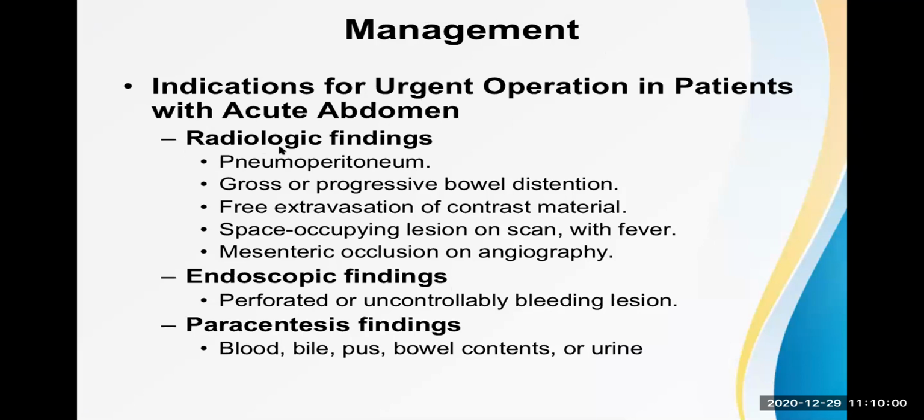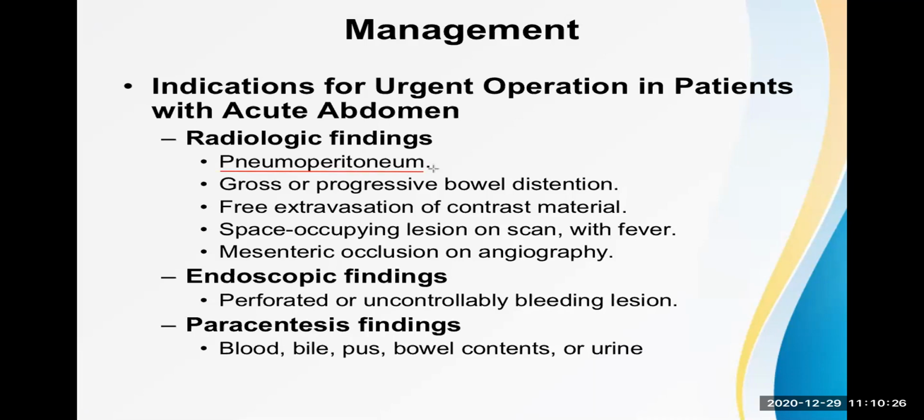Now, if you take the X-ray, and these are the findings, then you have to do a laparotomy and find out the cause, like pneumoperitoneum. It is very easy to diagnose by taking an erect chest X-ray or abdominal X-ray, which includes both domes of the diaphragm.